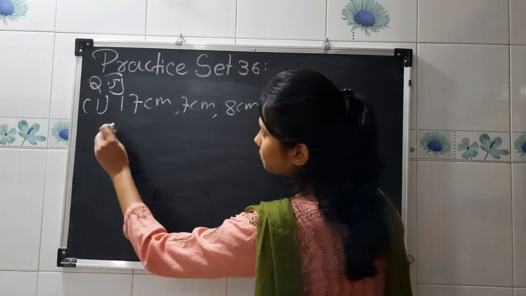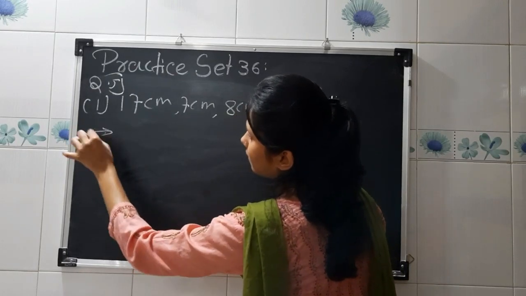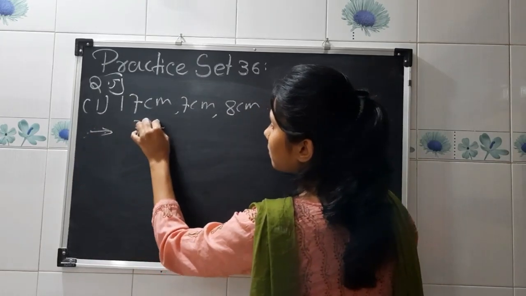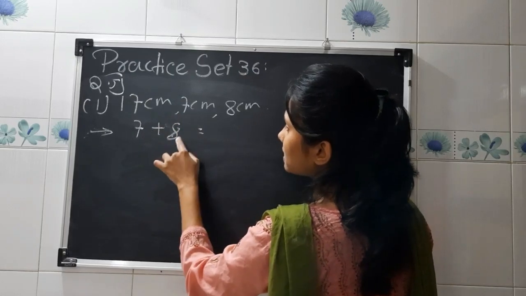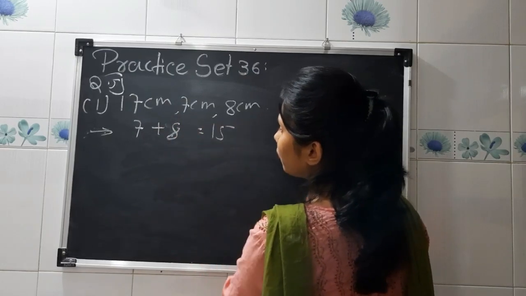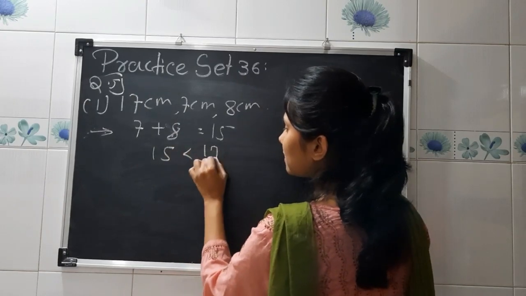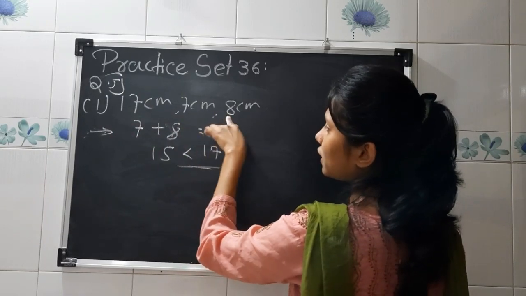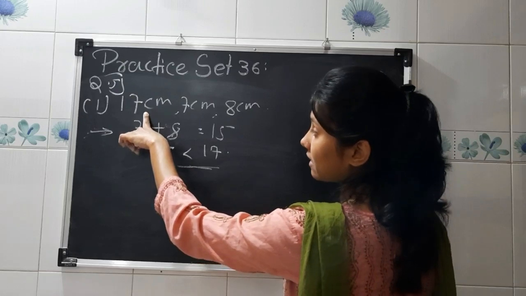So take 7 plus 8, 15. So 15 is less than 17. The sum of the two sides is not greater than the third side.